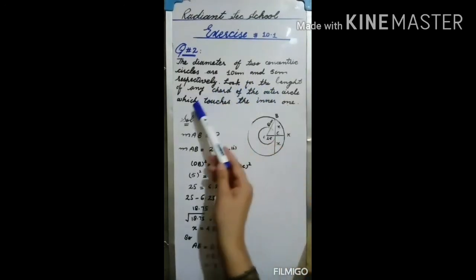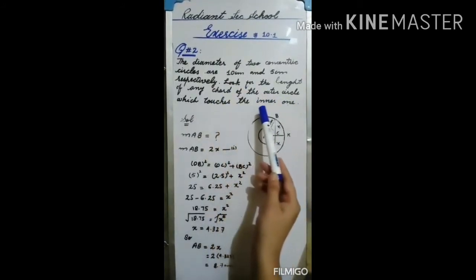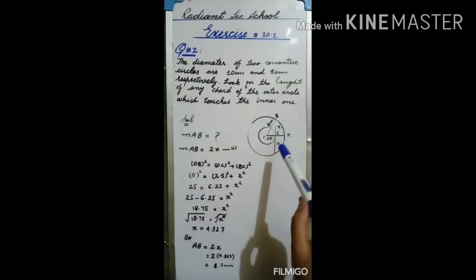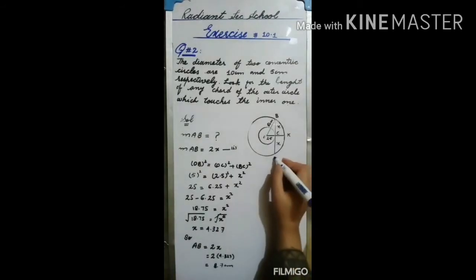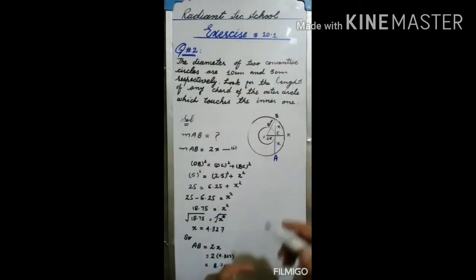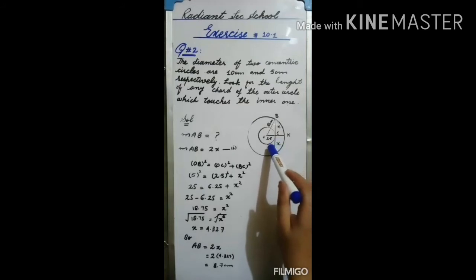Now look for the length of any chord of the outer circle which touches the inner one. We have to find out the length of the chord of the bigger circle that is touching the smaller circle.